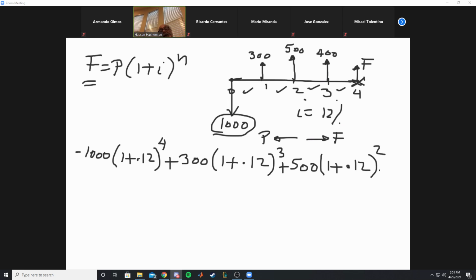And then I will have 400 and I take it to future. So everything is to the future. And the last one will be F, which is right at that point. I don't have to do anything with it. And make that equal to 0, because the top part minus the bottom part is equal to 0, because they have to balance. So you do that calculation and find what F is going to be.